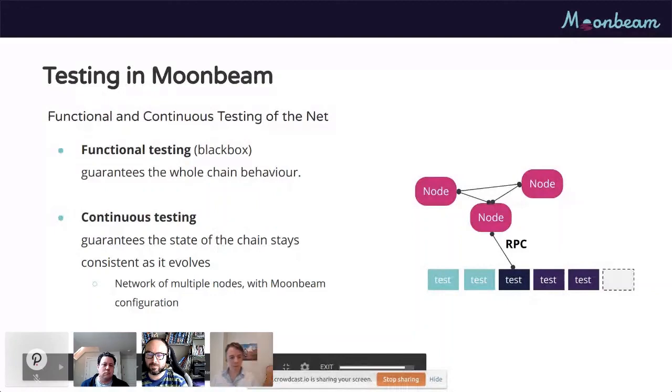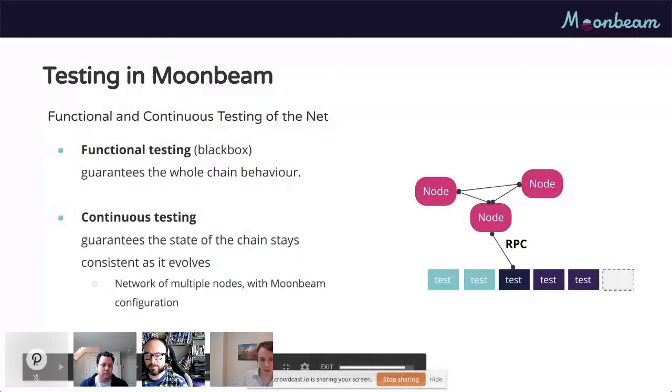And on top of that, we have a more continuous, I would say, testing that guarantees the state of the chain over its development. Because one particularity of a chain is that it's not something that you can just turn off, change, and turn on again. Chains are supposed to stay permanent.